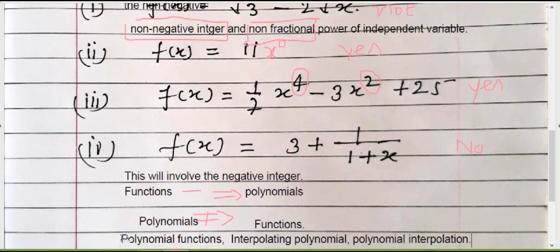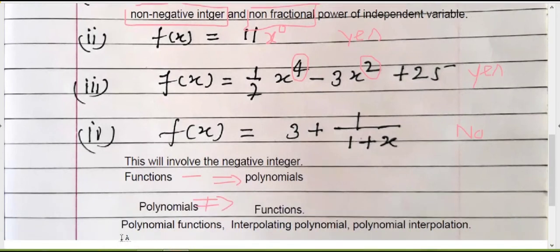In a single word, this was simply for mathematical convenience.